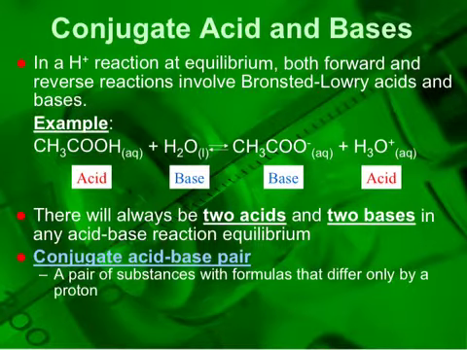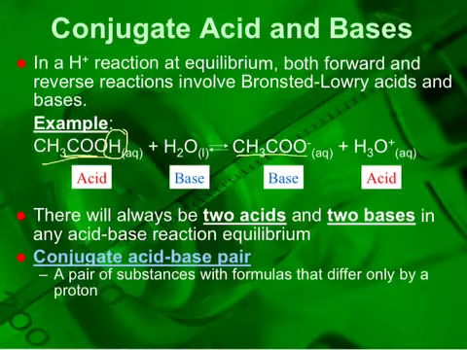A conjugate acid-base pair, as we mentioned earlier, is the opposite acid or base in the reverse reaction. In this case, we have acetic acid being an acid because it has an acidic hydrogen. When it reacts with water, it becomes acetate. Acetate here is the conjugate base.